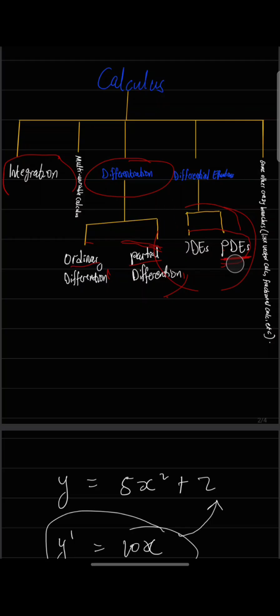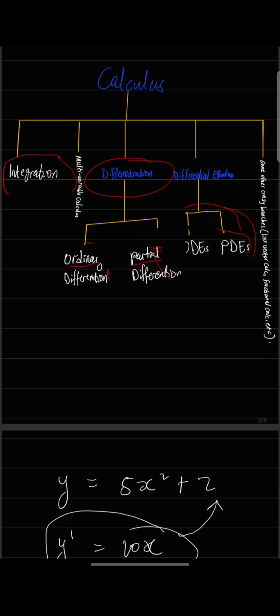So in the machine, you just put one variable. But in partial differentiation, you have to deal with the change when there are so many variables. So that's why we have partial differentiation. So just as ODEs, in other words, ordinary differential equations, provide tools and tricks to integration so that it can reverse ordinary differentiation, partial differential equations or PDEs also provide integration with tools and tricks so that it can reverse partial differentiation.